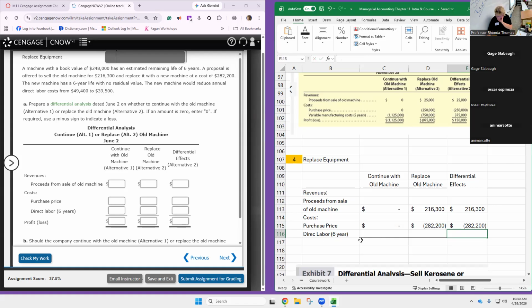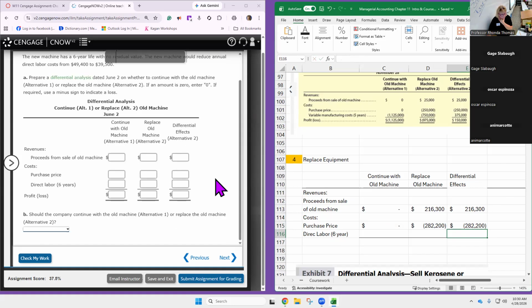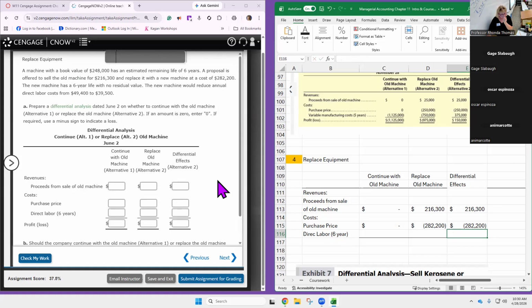And then the direct labor. It says we'll reduce direct labor costs from 49,400. So we're going to put the costs in for direct labor.